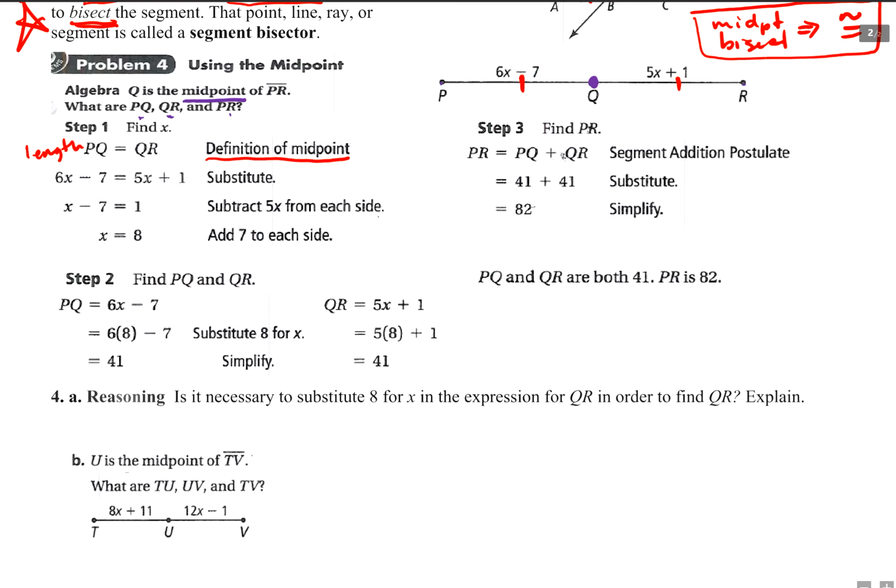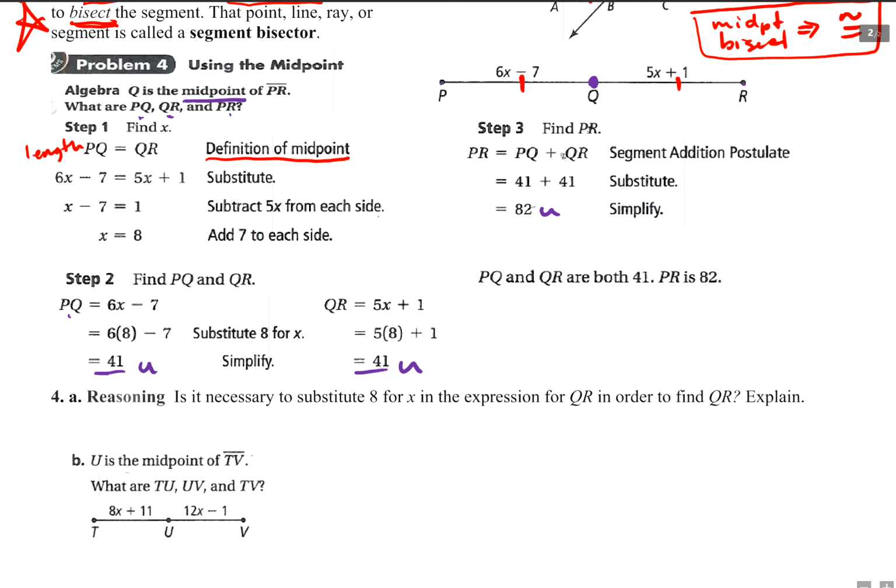We find the length here, we simply substitute in for the length of PQ, and then we simply substitute in, find the length of QR. These are both in units, and then we know that the length of PR is those two added together, and we get 82 units.